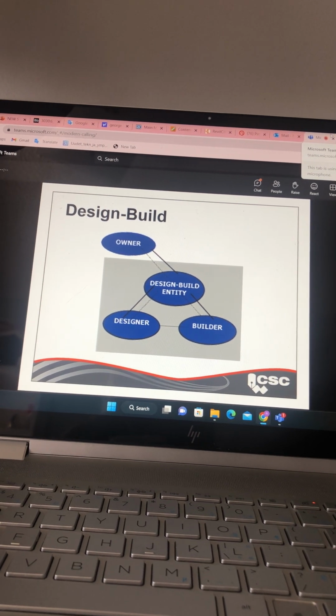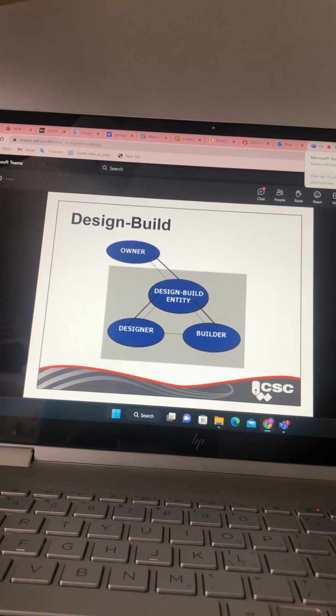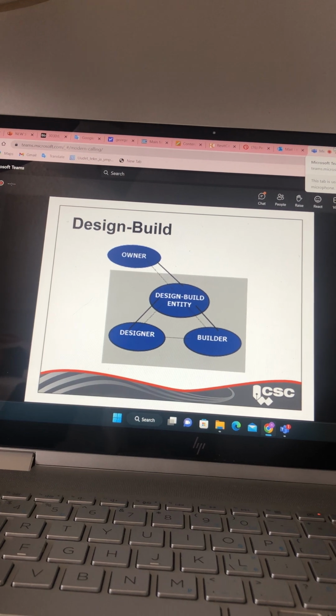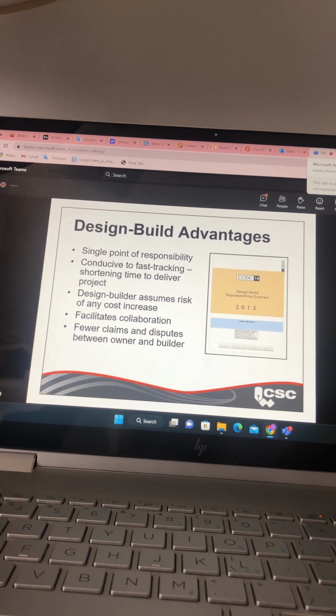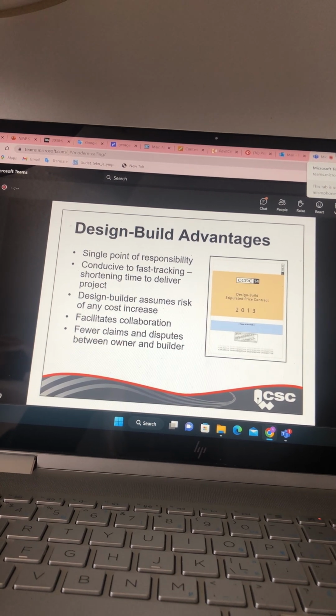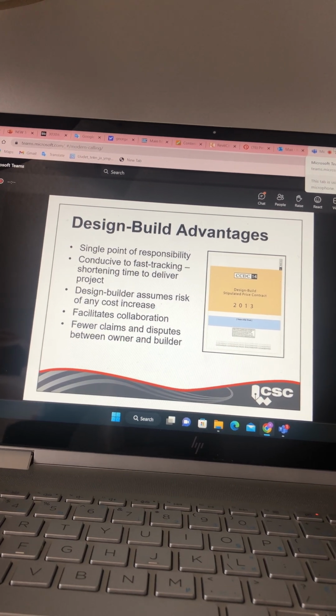So as an architect or a designer, you will likely not have any direct relationship with this particular owner or client. So, having a single point of responsibility makes it that much easier to go and yell at somebody if something is missing or done incorrectly or not part of the project.